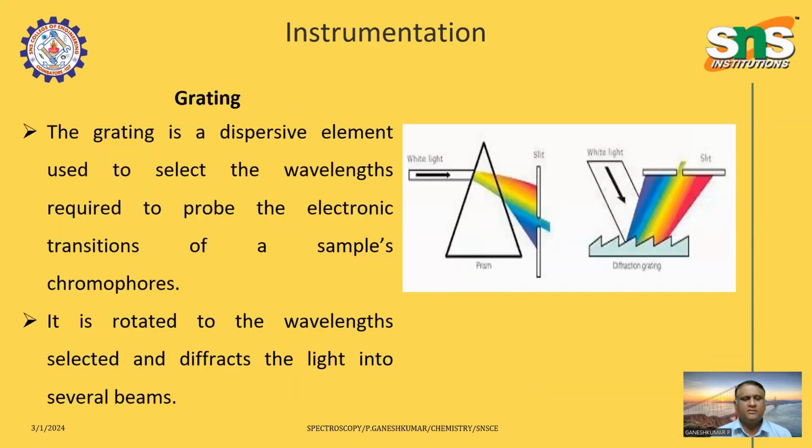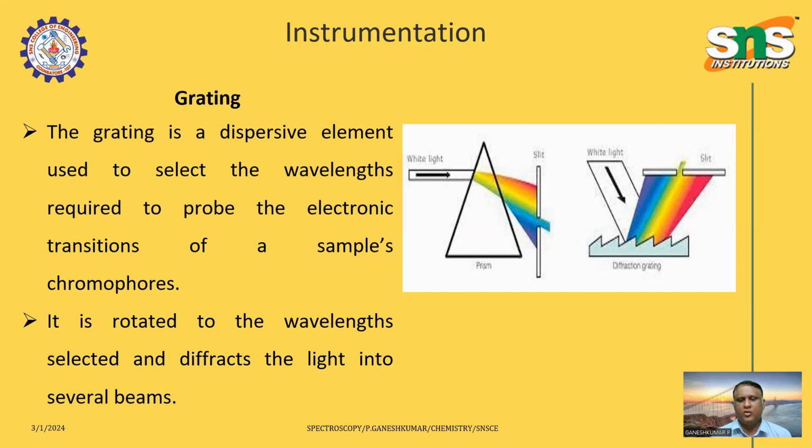Now in this session, we will discuss the grating. I think you are able to see the diagram. In a prism, white light enters, dispersion takes place, and it splits into several colors. In the same way, there is the diffraction grating.